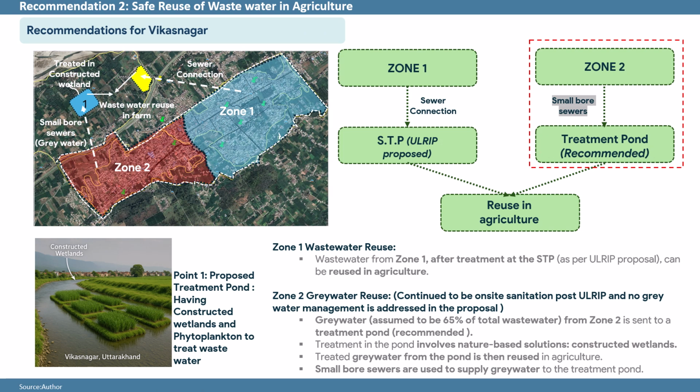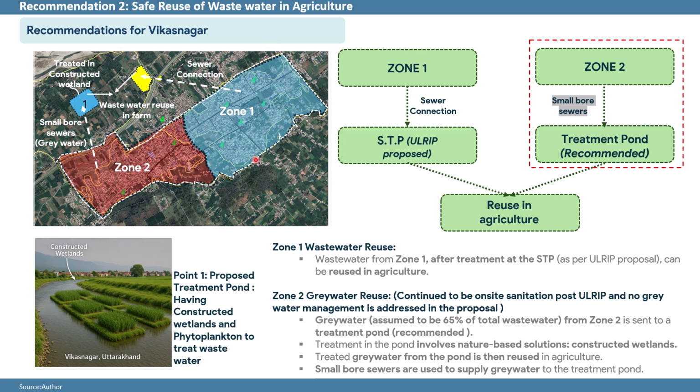Coming to the technical recommendations for wastewater reuse in agriculture, since the grey water from zone 2, the management of grey water is not being addressed, I'm recommending that this grey water should be carried to a preliminary treatment plant, which will be a nature-based solution, that is a constructed wetland, through small bore sewers, and then after treatment in this constructed wetland, it can be used for agriculture.